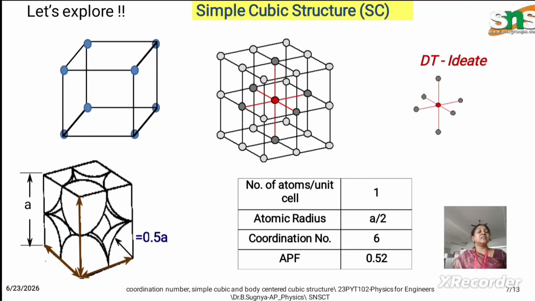The cubic structure contains 8 corners, and each corner is shared with 4 more unit cells, so it forms a complete structure of the crystal. The coordination number is 6, and the atomic packing factor is 52 percent.